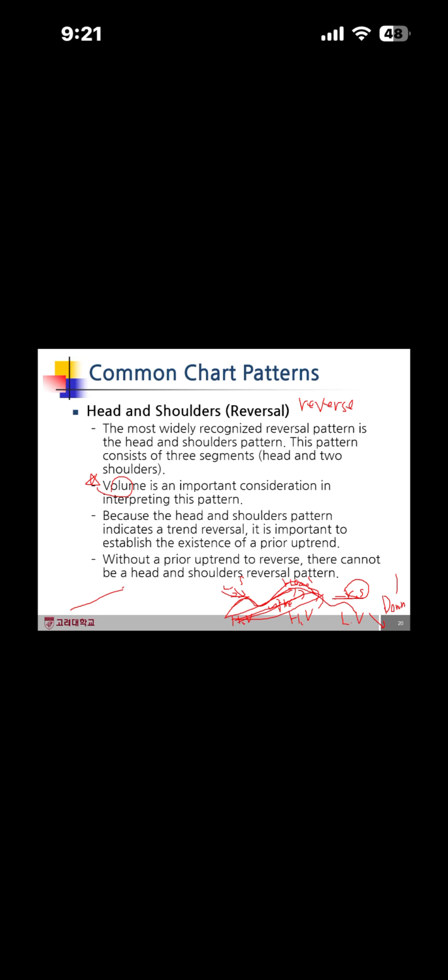Say there is a sideways trend like this, and the head is a little bit higher than the left shoulder, then it does not really show a reversal pattern. So the head and shoulders pattern should have a clear previous or current uptrend with high volume. And when there is a right shoulder with a similar height to the left shoulder with lower volume, it indicates a move toward a downward trend.